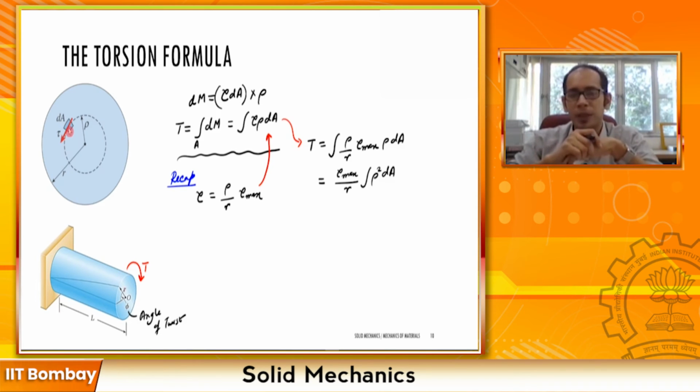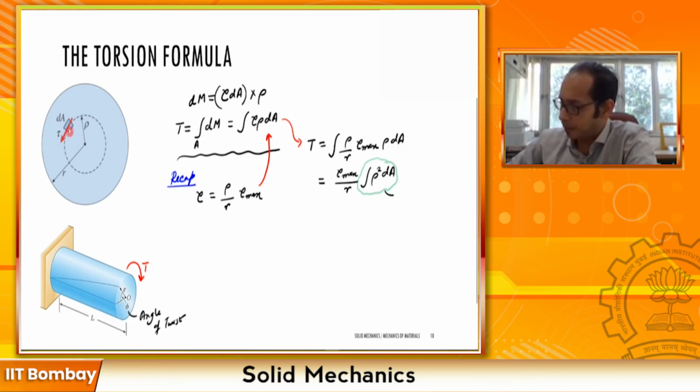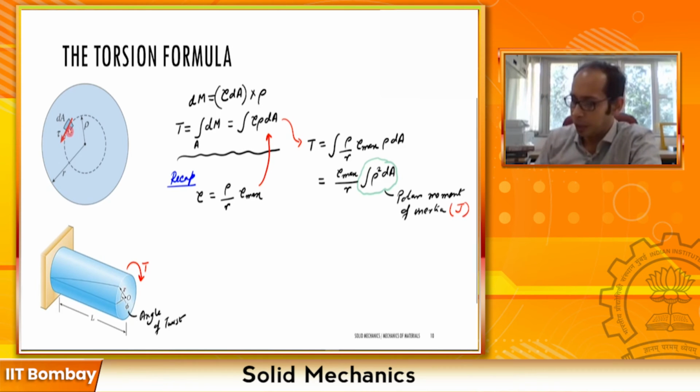Rho square dA is nothing but the polar moment of inertia, usually represented by the symbol J. So if I further simplify this, it now becomes tau max J divided by R over here, right?